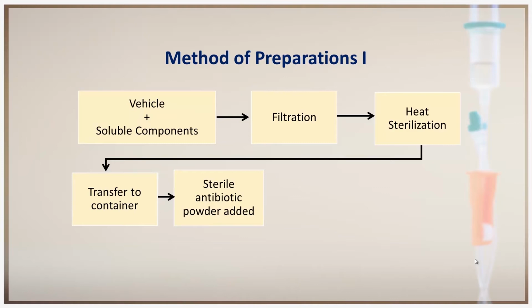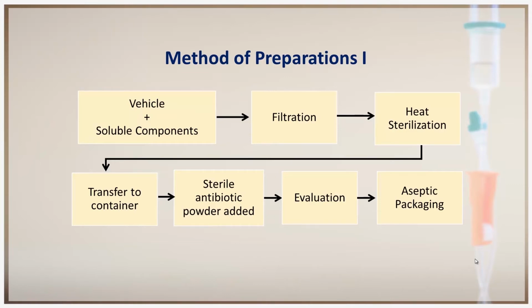Then the sterile antibiotic powder, which has previously been produced by freeze drying, sterile crystallization or spray drying, is aseptically added to the sterile solution while mixing. After all the tests have been completed on the bulk formulation, it is aseptically filled.